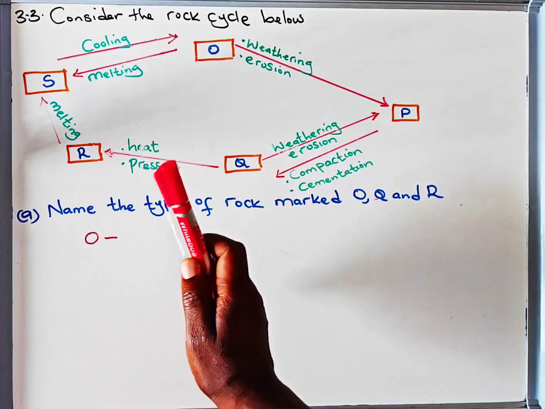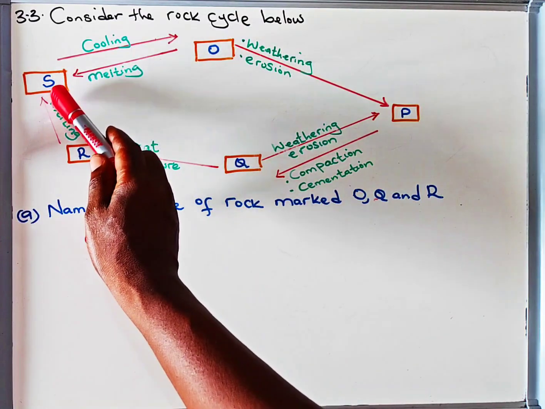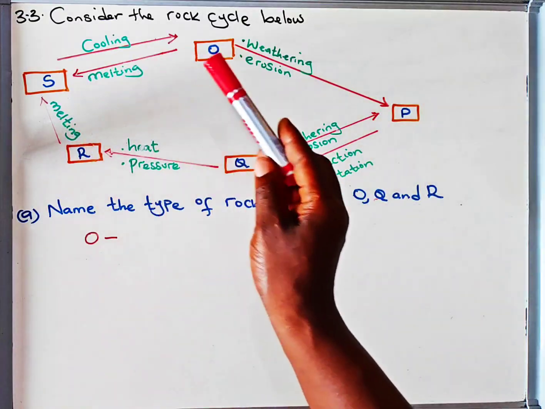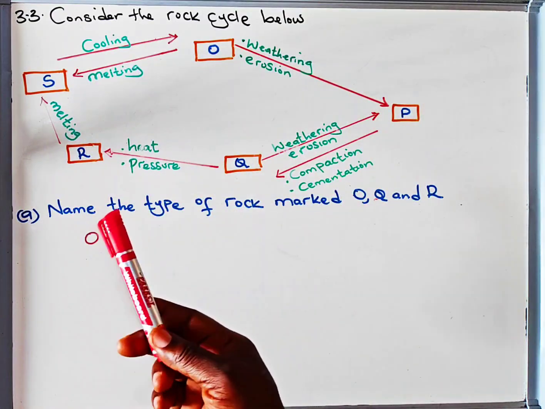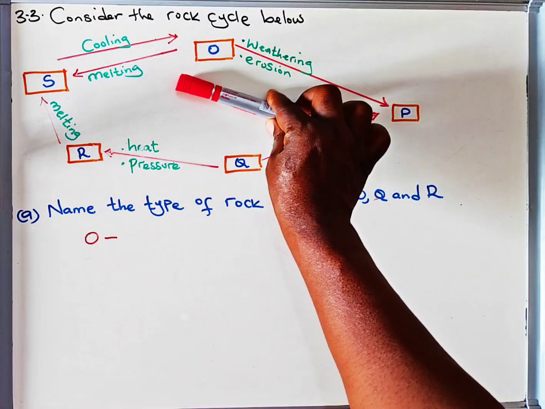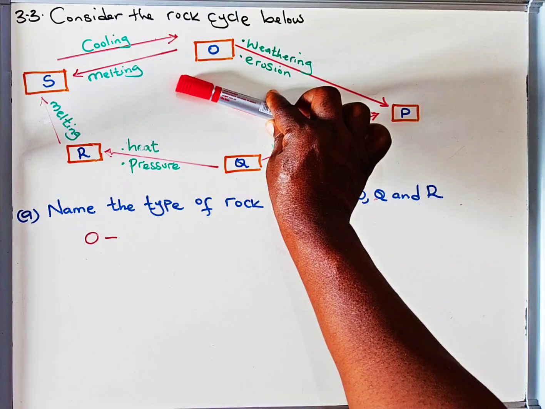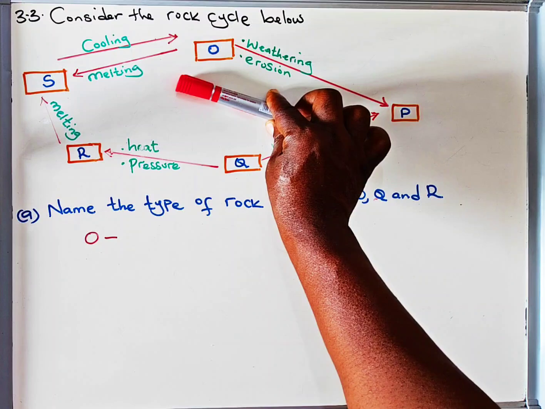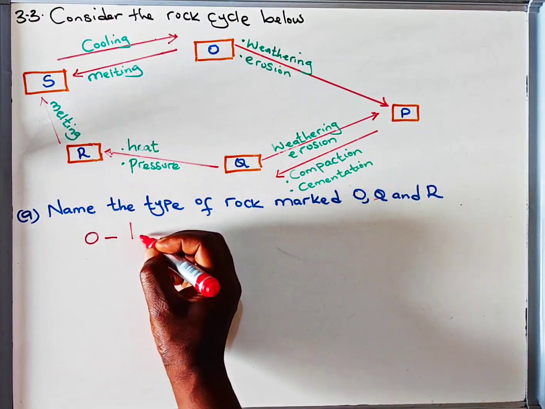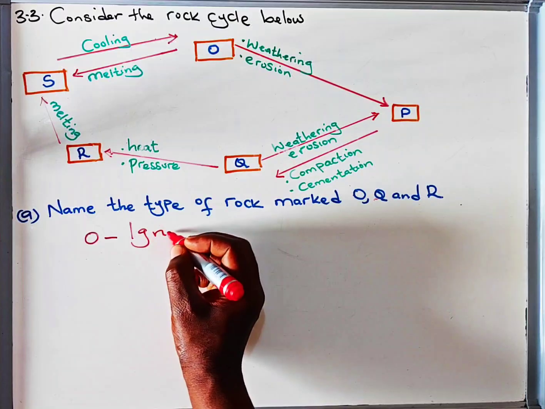So our anticipation is that S is hot, and what is hot within the cycle is magma. So when magma cools, it forms what type of rock? The rock formed is igneous. So O is igneous.